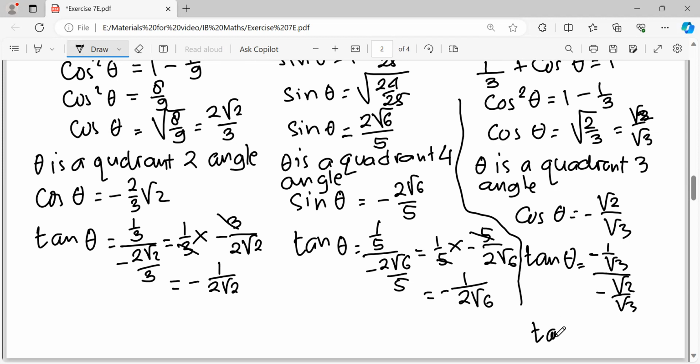So tangent theta is negative 1 over square root 3 times negative square root 3 over square root 2.